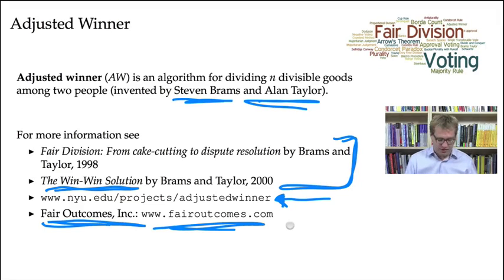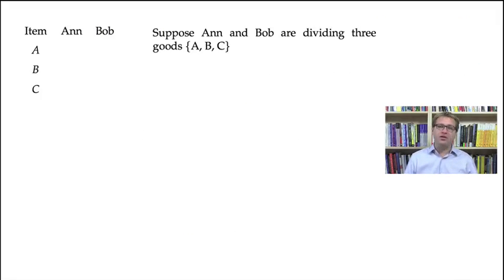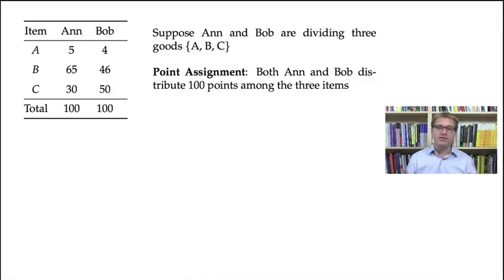Now, how about the algorithm? Well, rather than giving you an abstract definition of the algorithm, let's just run through an example. This example will illustrate how the algorithm works in general. Suppose that we have two people, Ann and Bob, and they're dividing up three goods, A, B, and C. The algorithm starts by giving each of Ann and Bob 100 points.